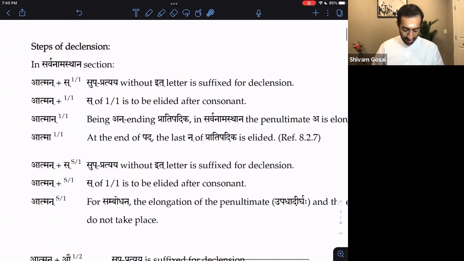What that means is, you see how right before the nakara you have ma. So M-A-N, if I write it out in English, that A becomes dirgha. So it becomes Atman.